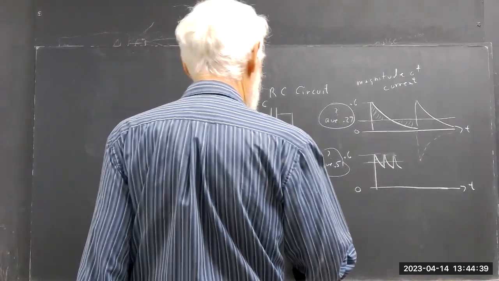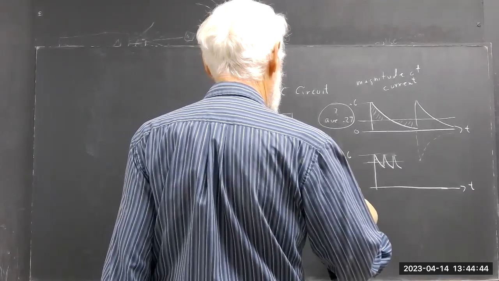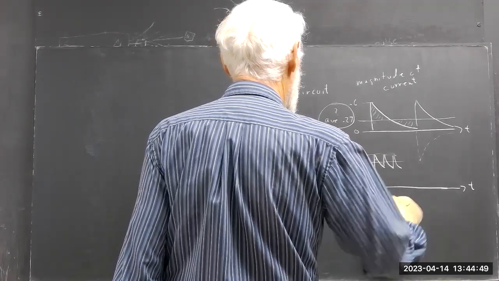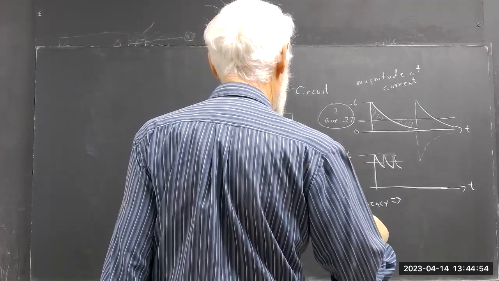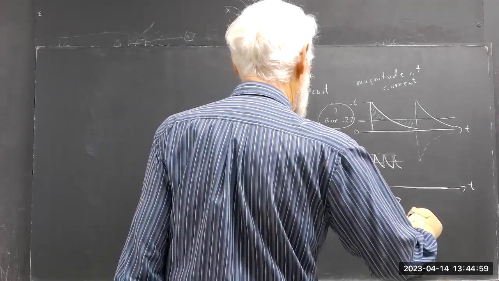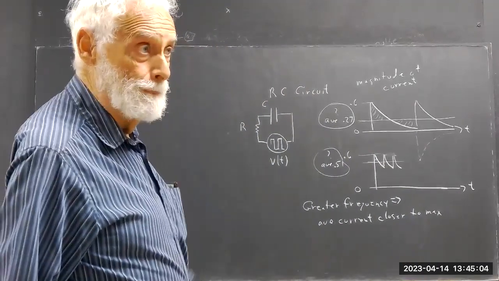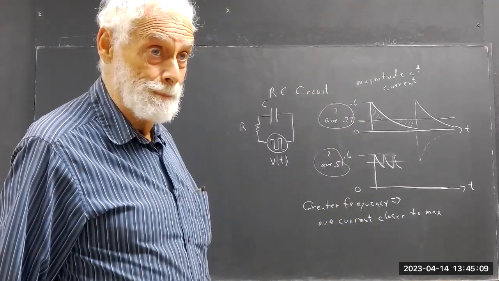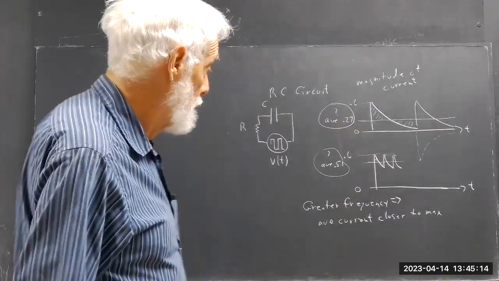So your average current is closer to your max. And your max in both of these cases was about the same. So you're producing greater average current here than you were here.